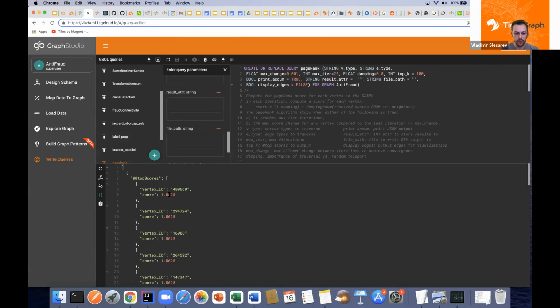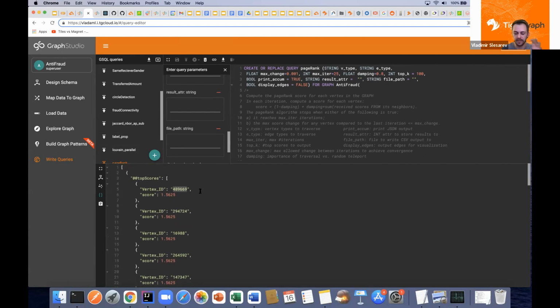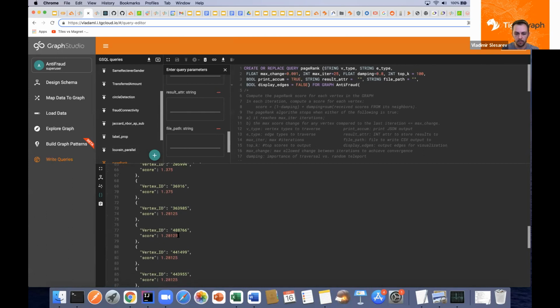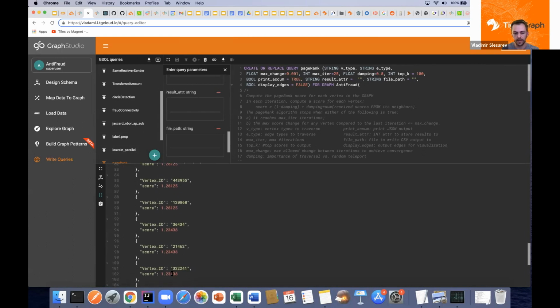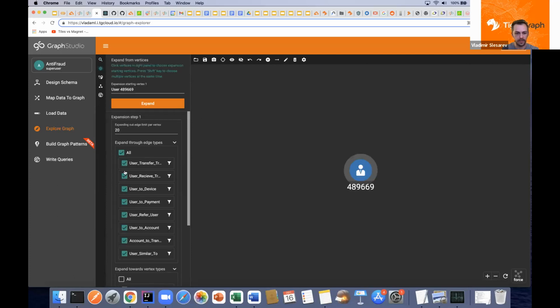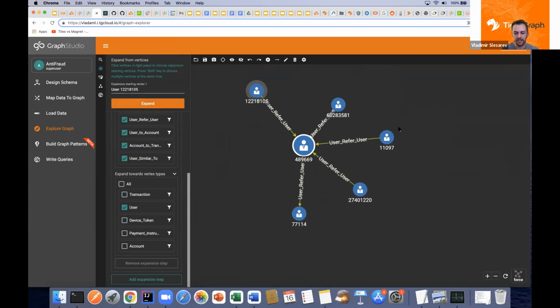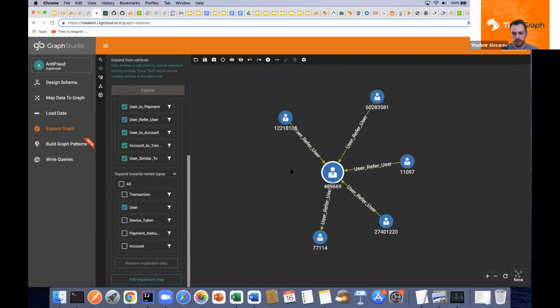With this PageRank query, we see that we have a particular vertex, a particular user, with a high PageRank score. That means they are particularly influential in my data versus someone else who has a very low influence ranking. When I see this in my graph exploration, I can go ahead and expand. What that's telling me is this guy has 4 users who are also very influential.